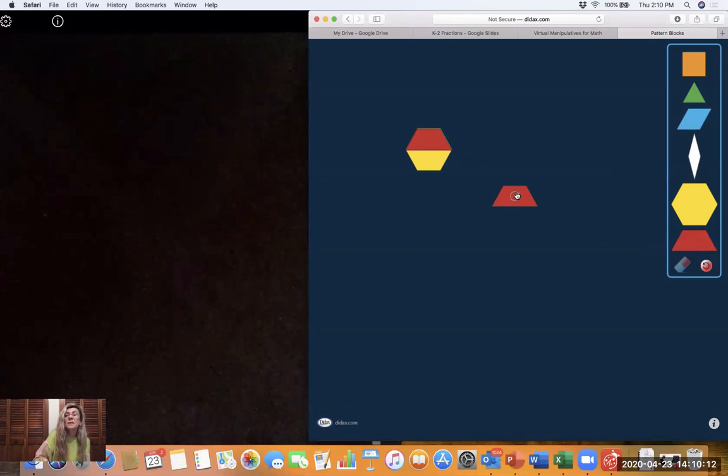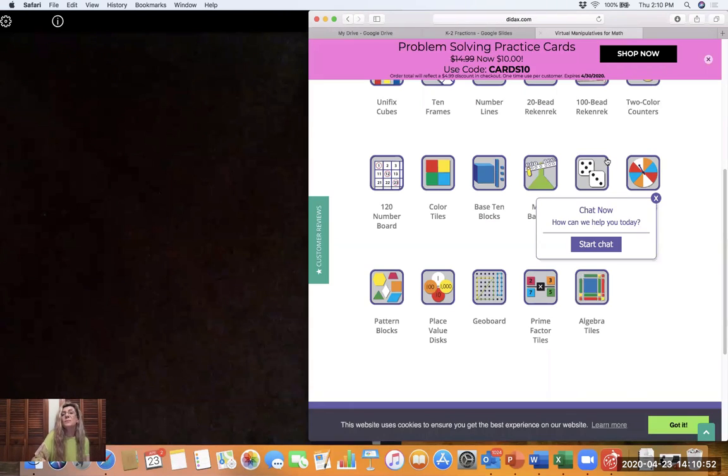Well, this tool is awesome. Of course, our kiddos love technology. They're probably a whole lot better at it than what I am. So it's pretty cool the way they can use that. And of course, they can do the same thing with the rhombus and the triangles, or they can actually see how many triangles it would take to build that hexagon, predict first and then build. It's a great tool, great site for kids to use.